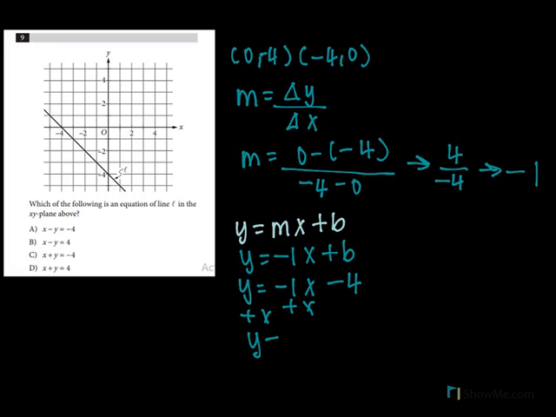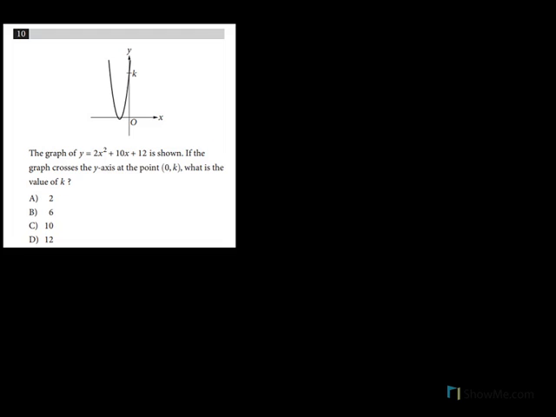So we would have y plus x equals negative 4. And option C says x plus y equals negative 4, which is just a rearrangement of what we wrote. Our answer would be option C, x plus y equals negative 4.